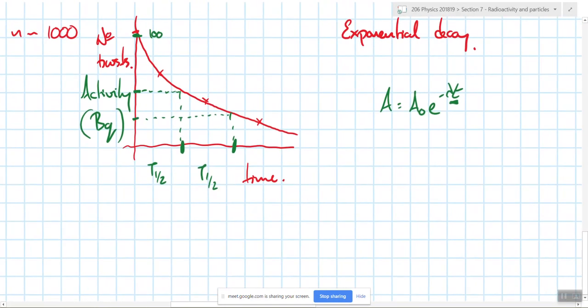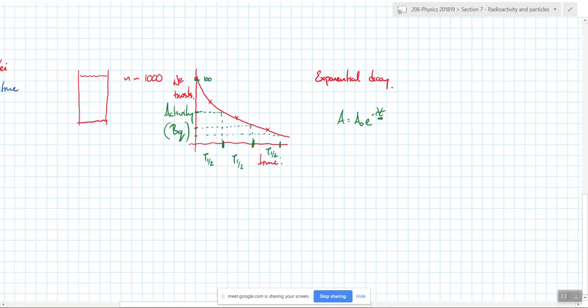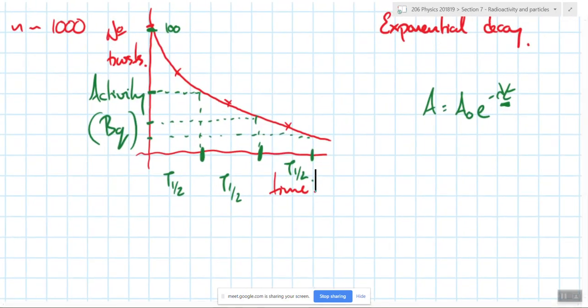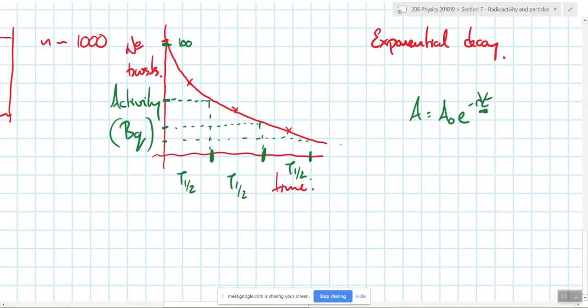And if you go from a quarter down to an eighth, well then this amount of time should also be a half-life. So we've got this really nice predictable pattern where we could go forward in time and predict how much there would be after another half-life.